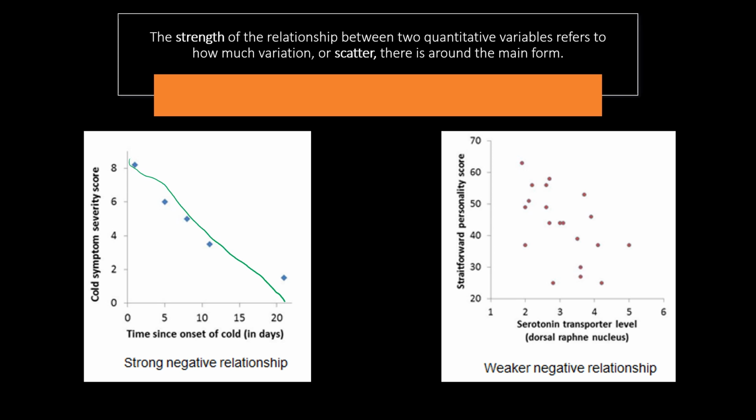Since these points are very close to the line, I can say it has a strong negative relationship. In the second diagram also, I can imagine a line representing this data, but the points are not closely associated with this line. They are all spread away from the line, and hence it has a weaker negative relationship.